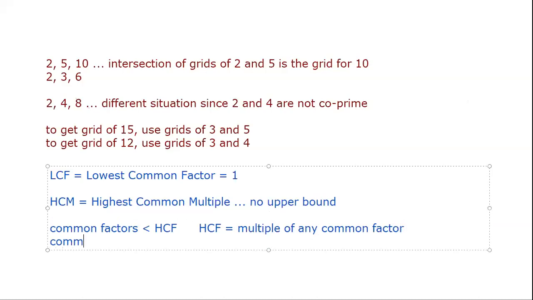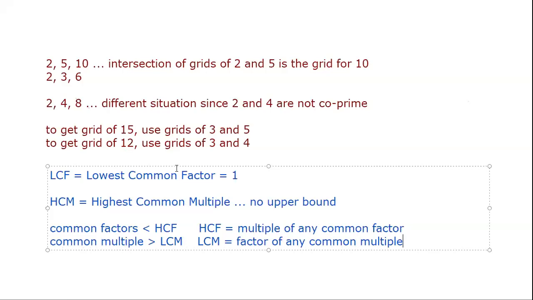Similarly, it's the reverse case with common multiples. Any common multiple is greater than the LCM. And in fact, the LCM is a factor of any common multiple.